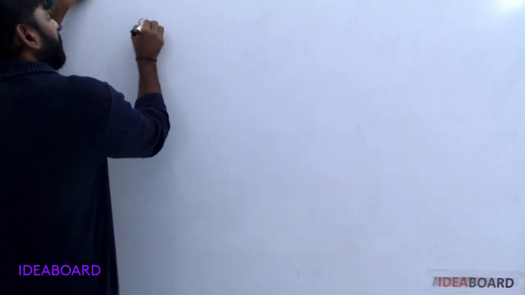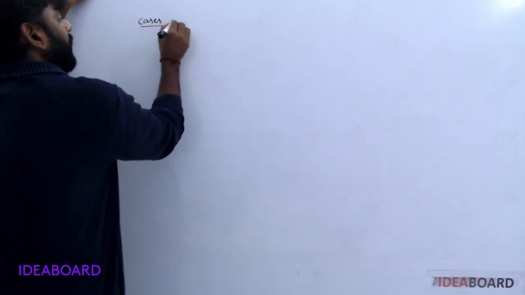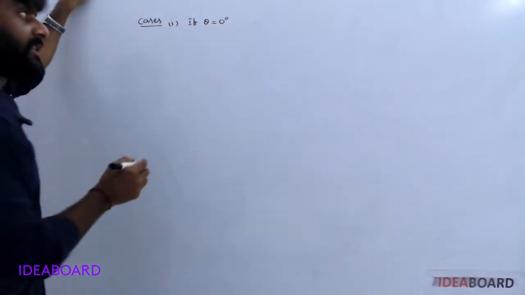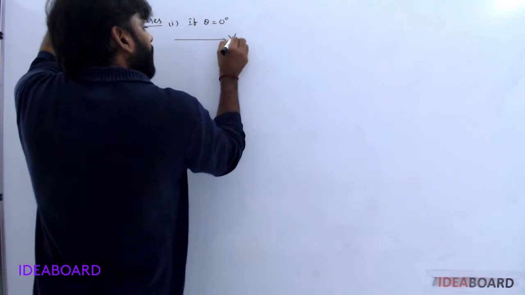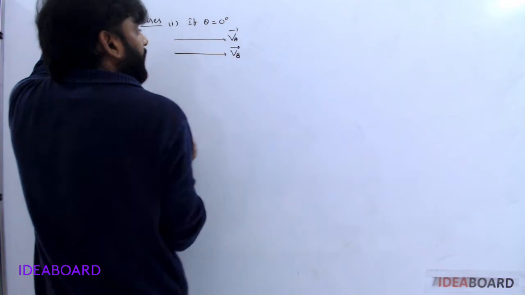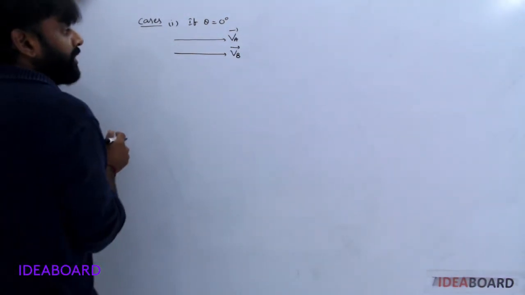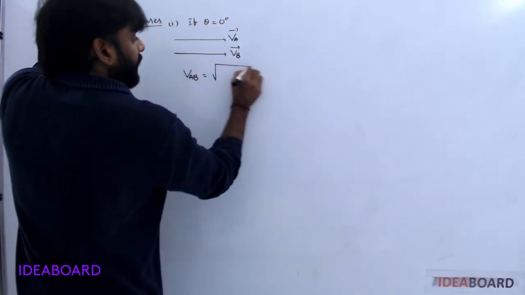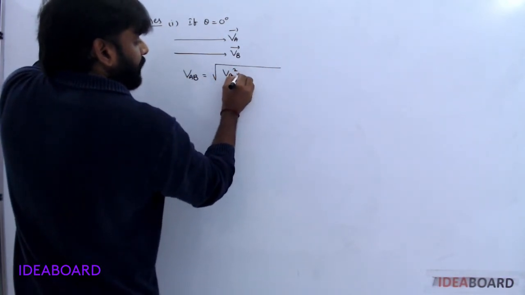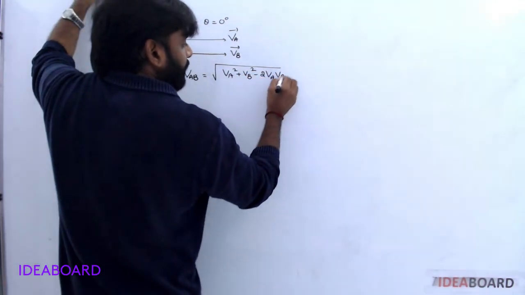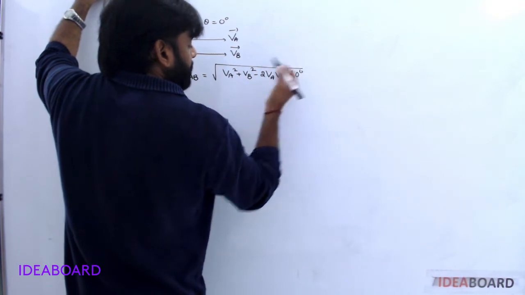Next, cases. Case 1: if theta is equal to 0 degrees, that means A and B both are moving in the same direction. A with respect to B is equal to the square root of VA square plus VB square minus 2VA VB cos 0 degrees.